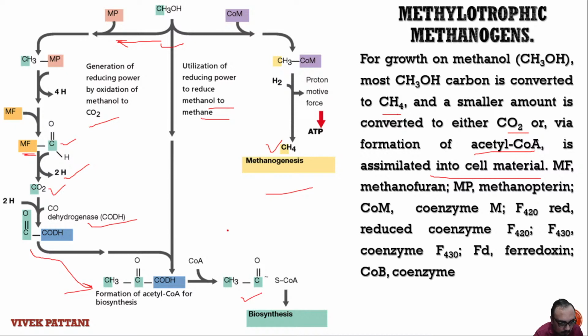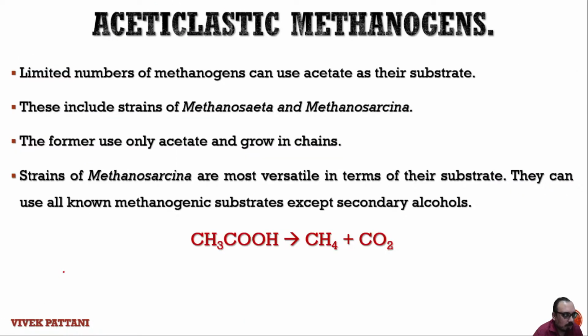Now moving towards the third group, acetoclastic methanogens, where they use acetic acid for their production of methane. This includes the genera Methanosaeta and Methanosarcina.